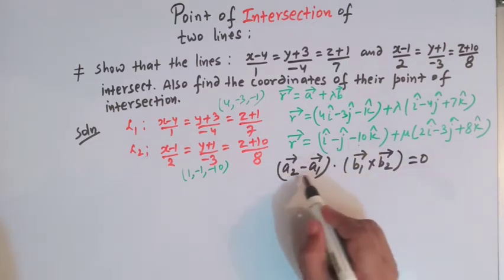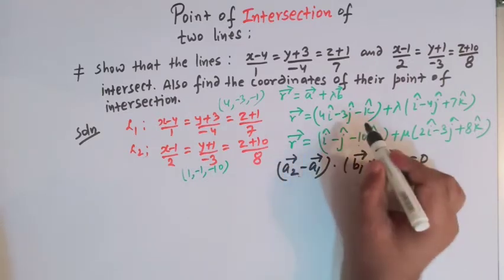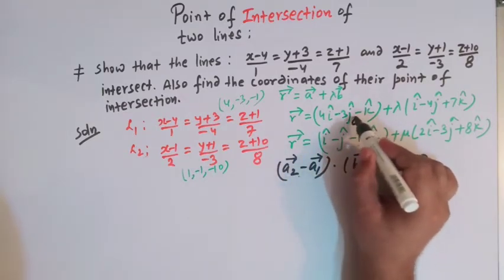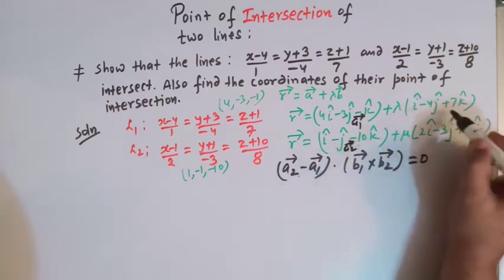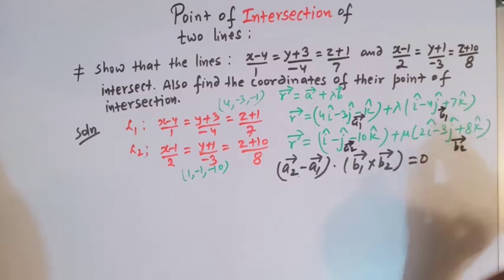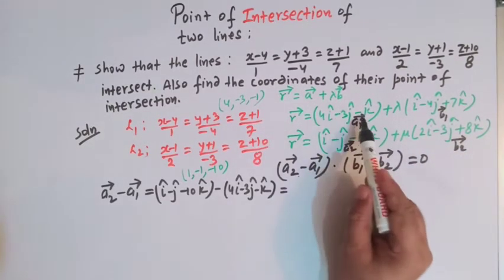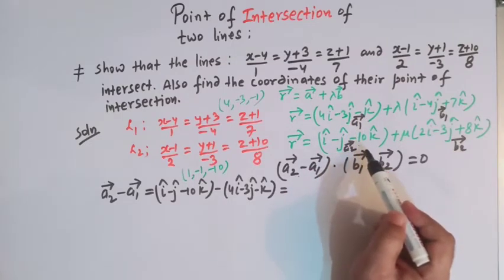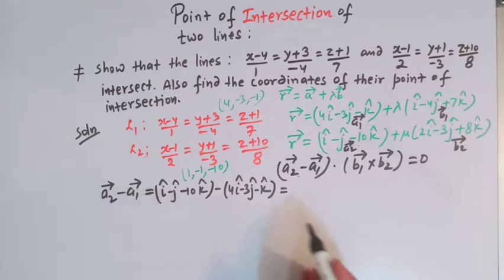So the dot product of these two vectors should be 0. Here this is A1, this is A2 vector, and this is B1 and this is B2, right? Let us find the difference between vector A2 and vector A1.